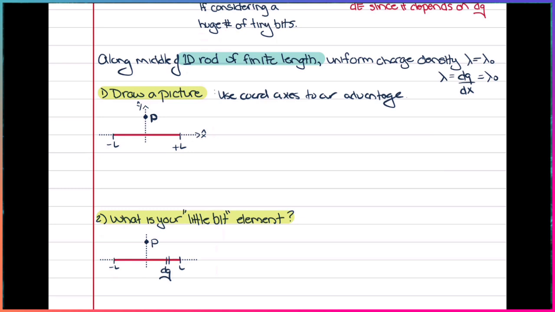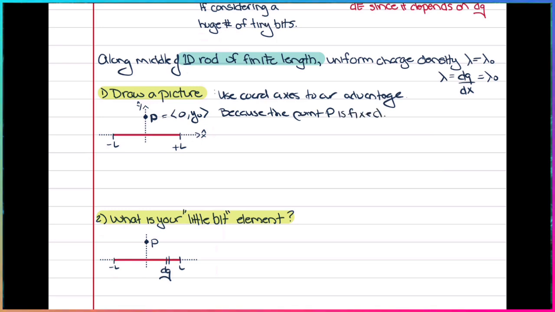We have this point P, which looks like it's located at 0, y naught. And I'm going to use y naught in this case because the point P is going to be fixed.